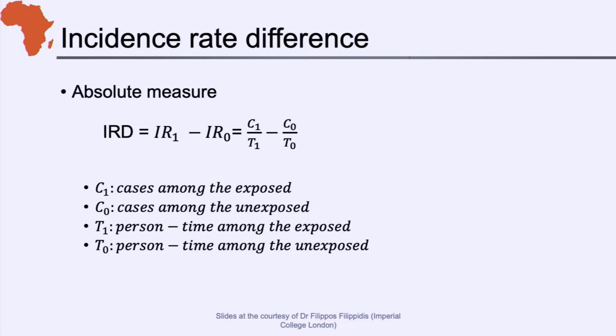The incidence rate difference is similar to the other absolute measure that we had, the cumulative incidence difference, where we take the incidence rate among those that are exposed minus the incidence rate among those that are unexposed. But here, it's important to look at the fact that we use the person time as the denominator.